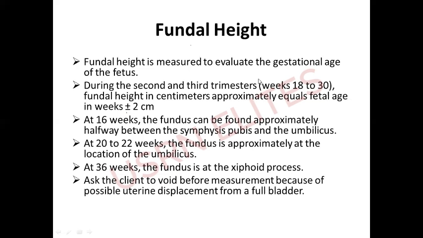Then at 36 weeks of gestation, the fundus should be at the xiphoid process, because at that time you expect the uterus to have enlarged enough because of the growing fetus. And then after 36 or 37 weeks, you see it dropping again because the woman is probably moving into term gestation, and any moment from there, labor could set in.